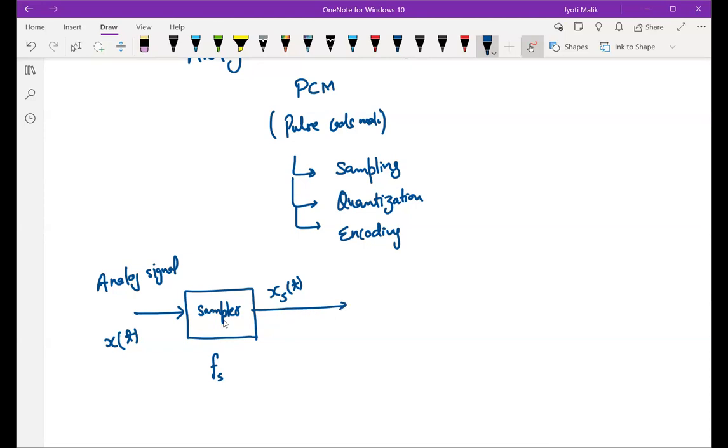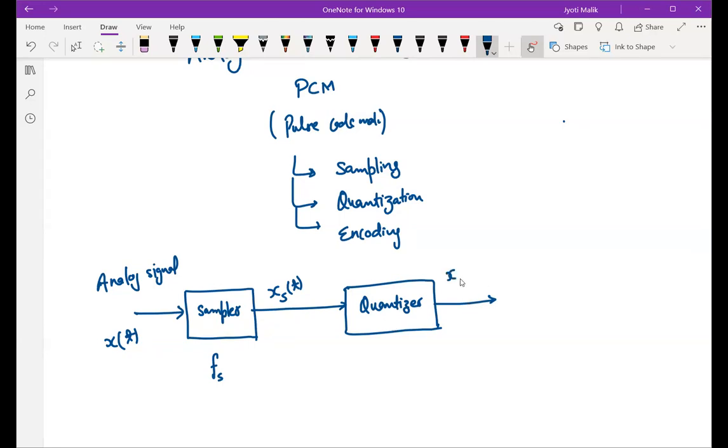Then after the sampling process comes the quantizer, which will do quantization of this signal. We talked about quantization only in brief. Quantization is a process to convert the amplitudes into discrete levels, right? The continuous amplitude of the signal is converted into discrete levels by the quantizer.